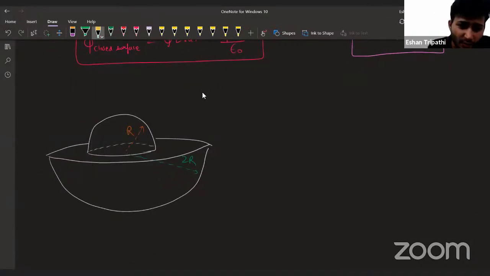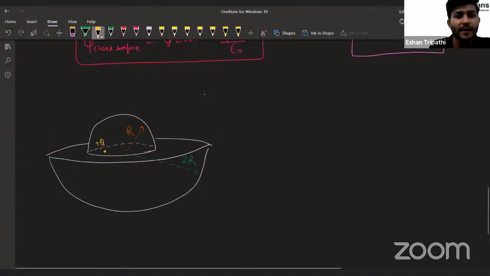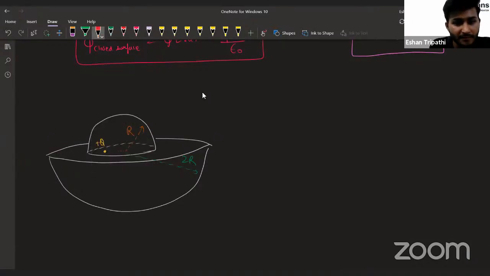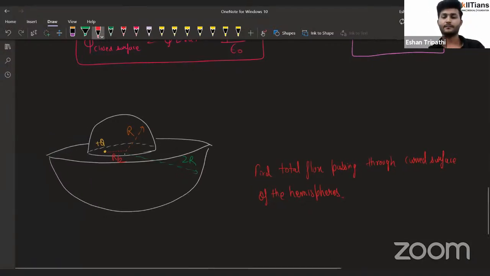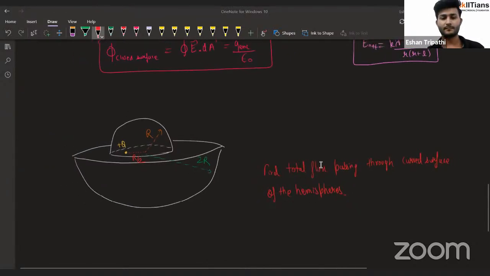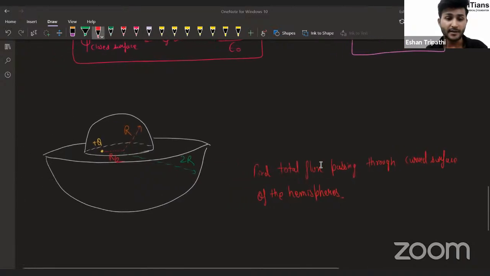If I place a charge plus q over here, at a distance r by 2 from its center, find the total flux passing through the curved surface of the hemispheres. This distance is r by 2, guys, the red distance.